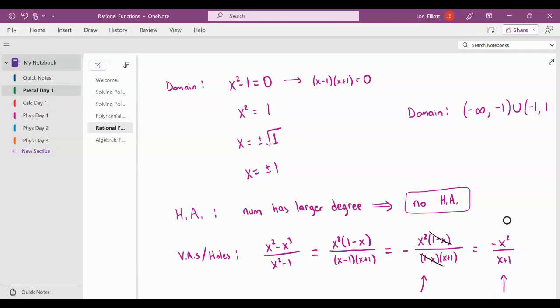Yeah, so you mean like a jump discontinuity or something like that. We'll talk more about those when we get to day 3. Okay.